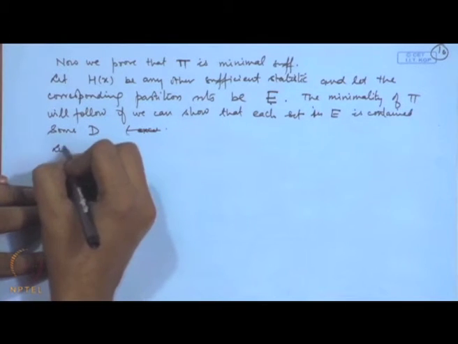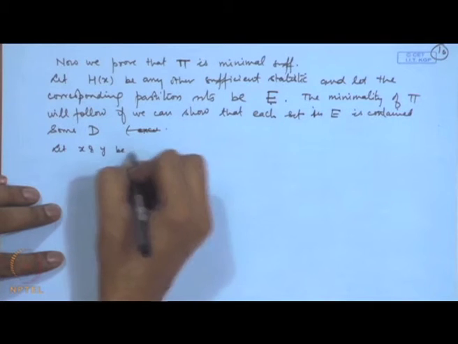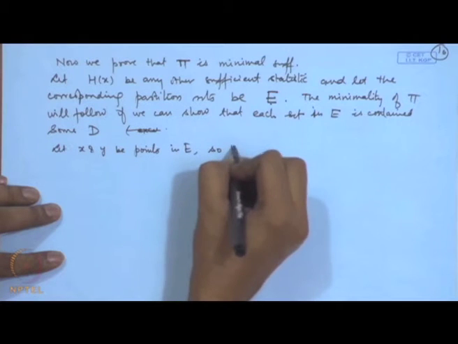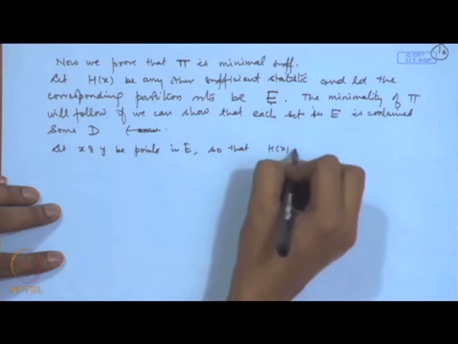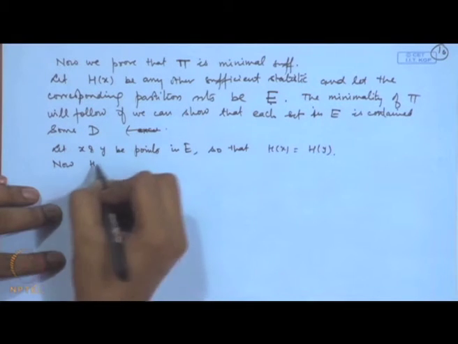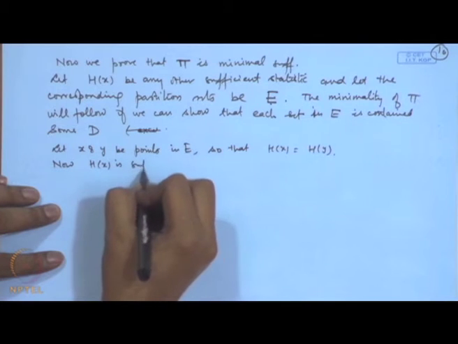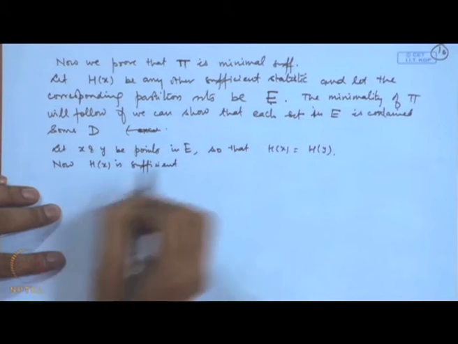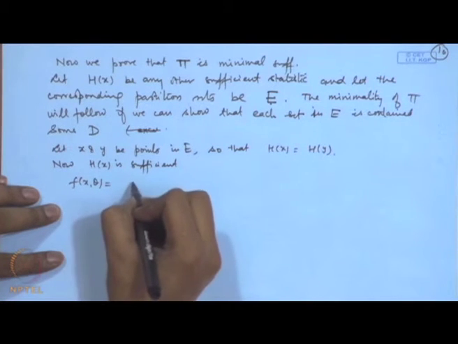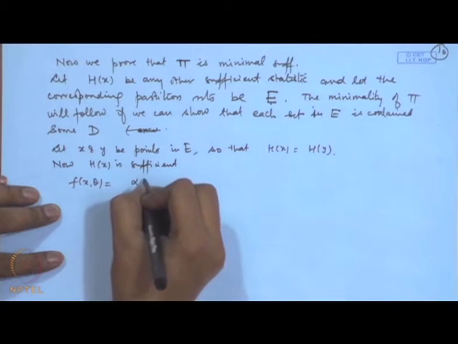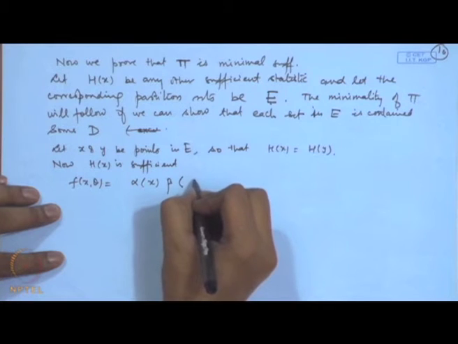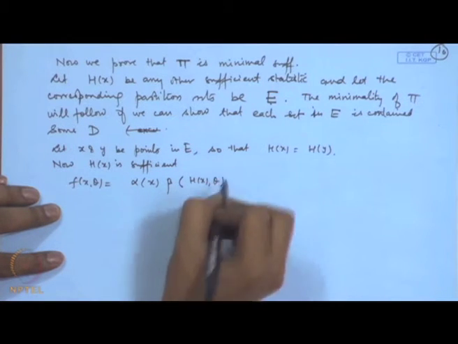So, let us consider x and y be points in E, so that say H(x) is equal to H(y). Now, H is sufficient. So, we can write f(x, theta) is equal to, say, alpha(x) into beta(H(x), theta).